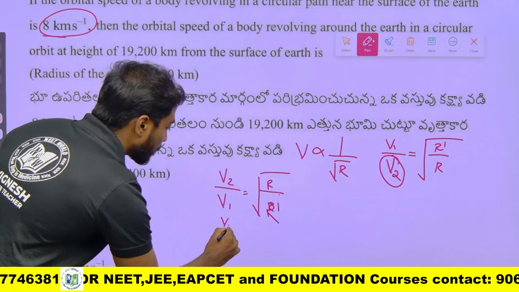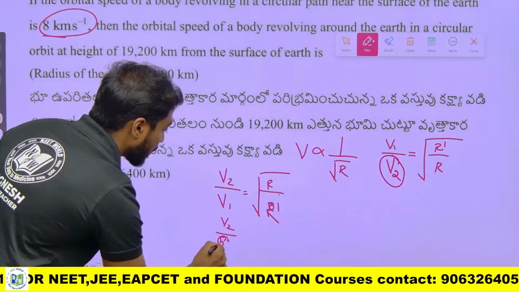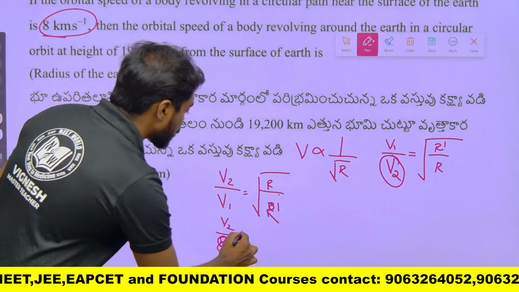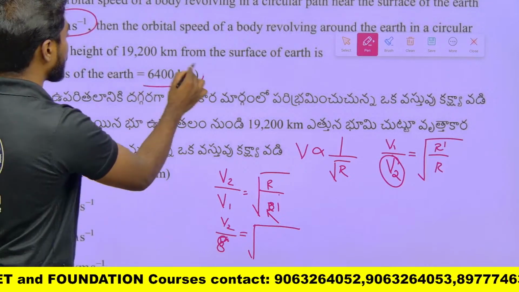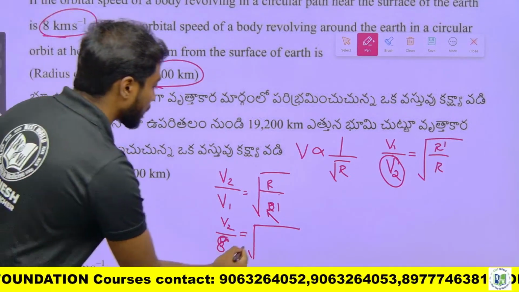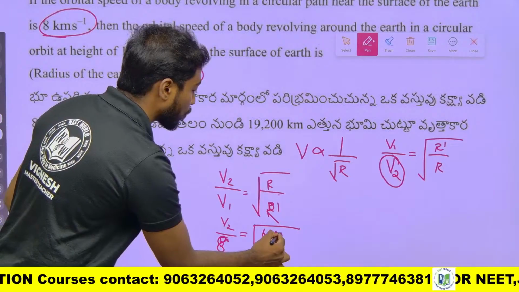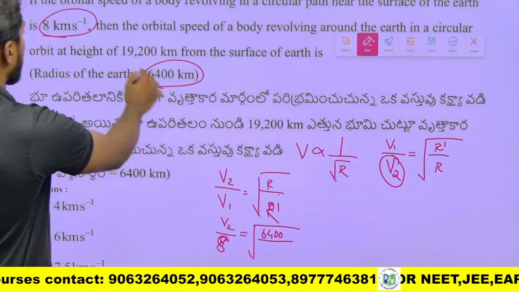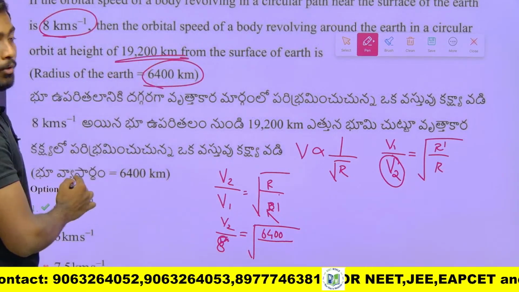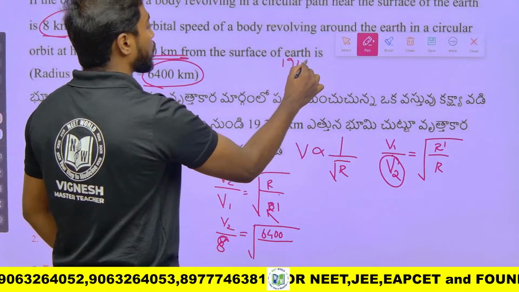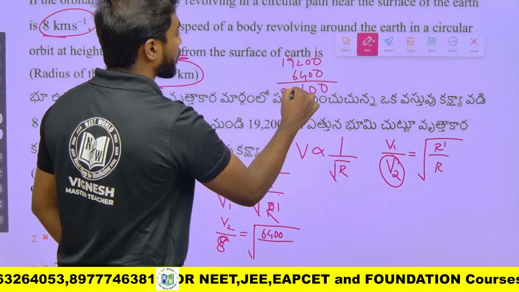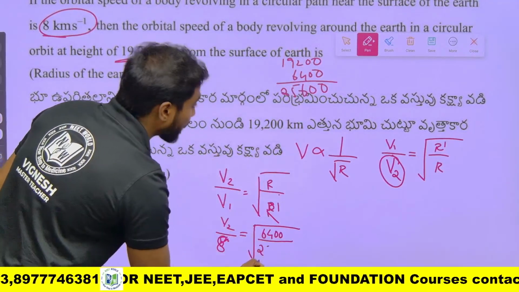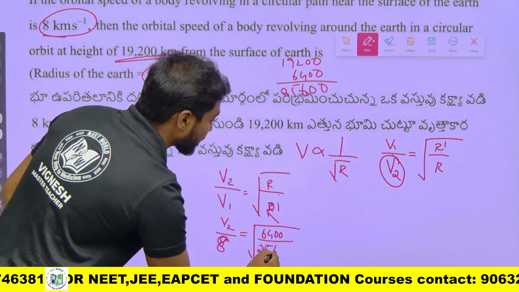So V2 by 8 kilometer per second should be equal to, what is the radius of the earth given? 6,400 kilometer, divided by, now the height taken is 19,200, so 19,200 plus 6,400 is 25,600.